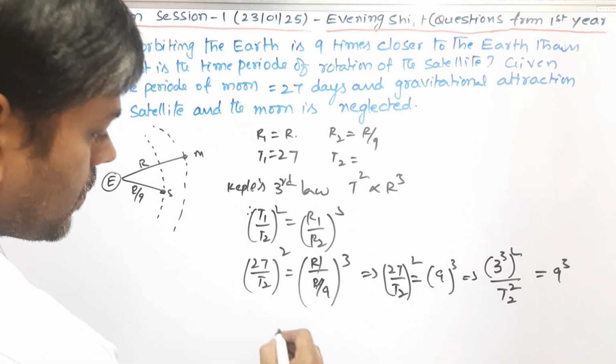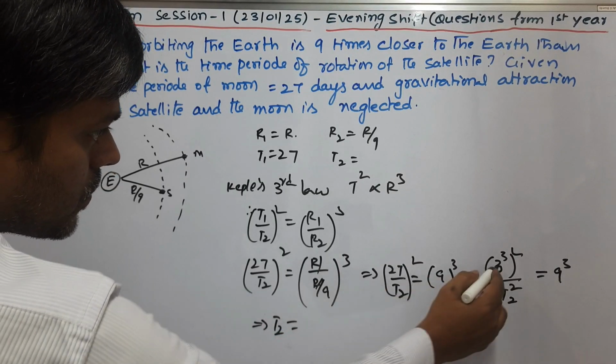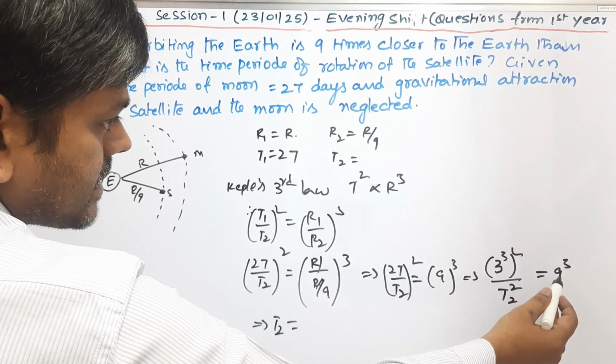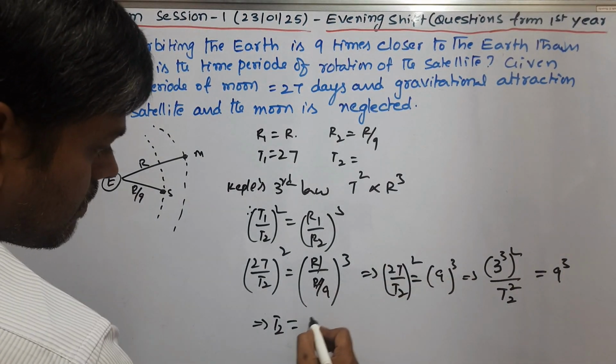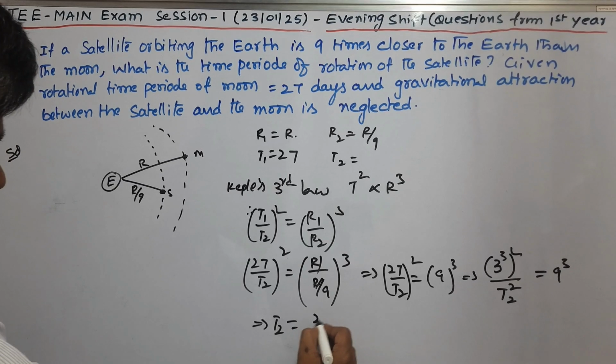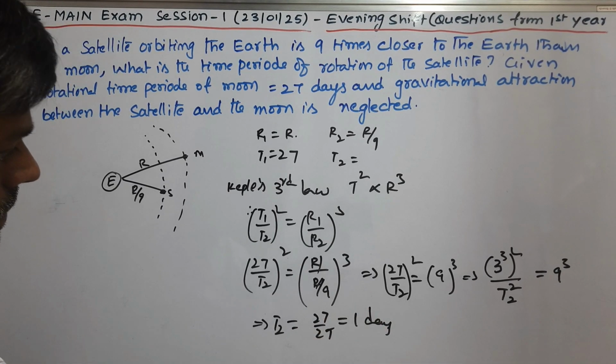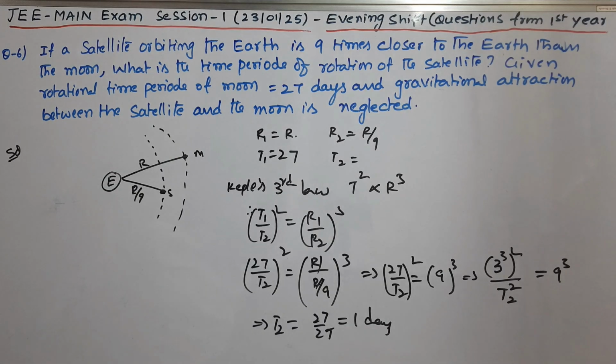What is that? 9 cube. That implies T2 is equal to 6. When you simplify this, you get 27 by 27 equal to what? 1 day. Okay, that's it.